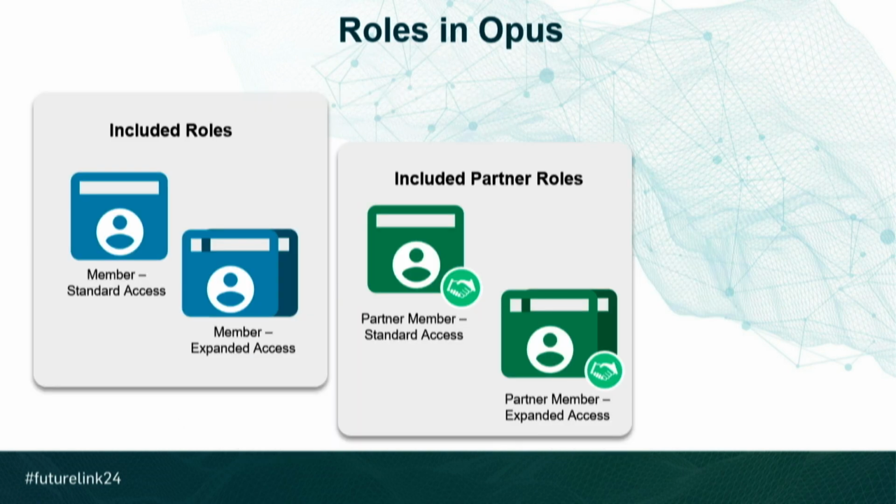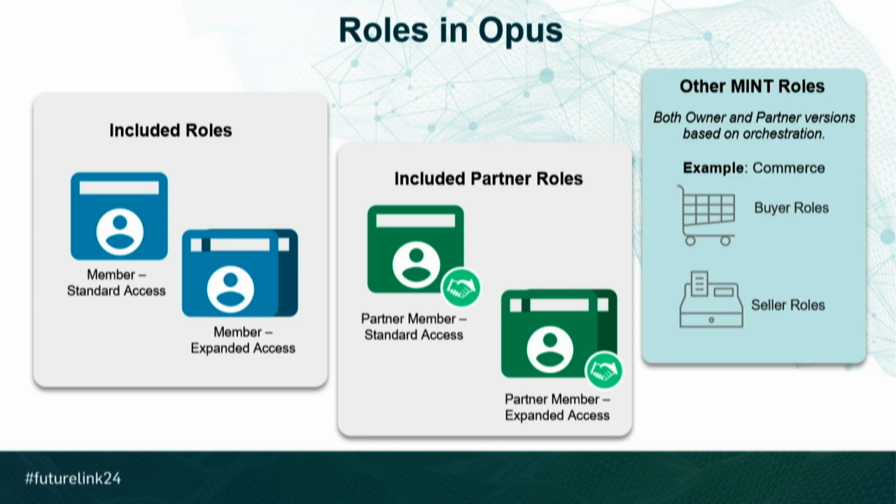In Opus, it comes with included roles. So we have the member standard access, member expanded access, and also your partner has included roles, the same: partner member standard access and expanded access. And some solutions have their own other roles based on orchestrations. For Mint, we have this example of commerce, so there are also buyer roles for Mint and seller roles.